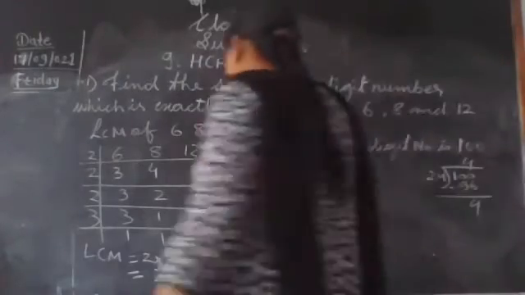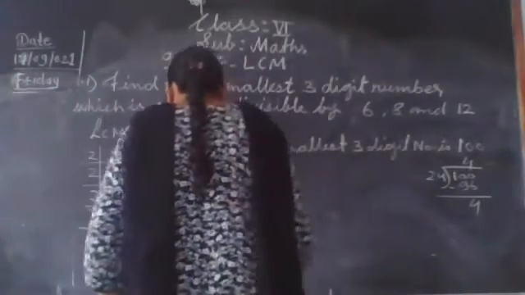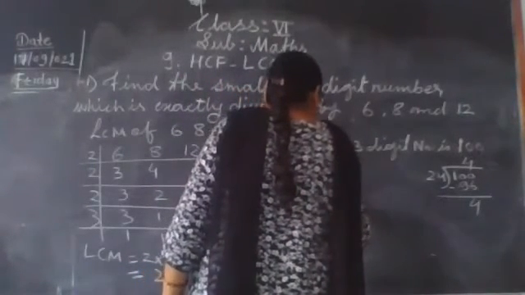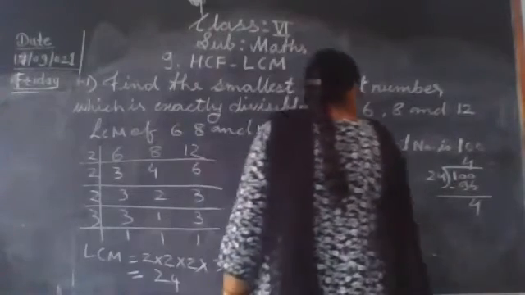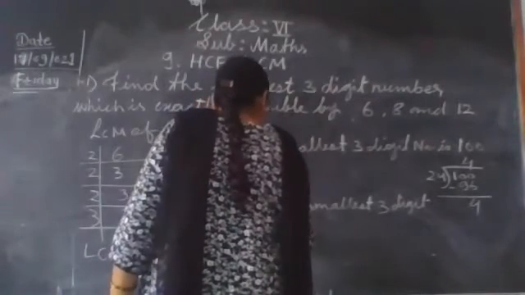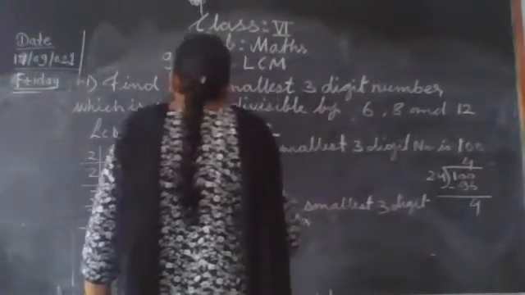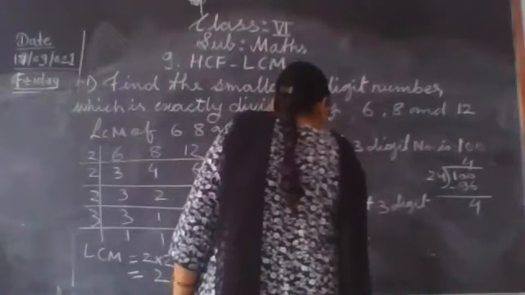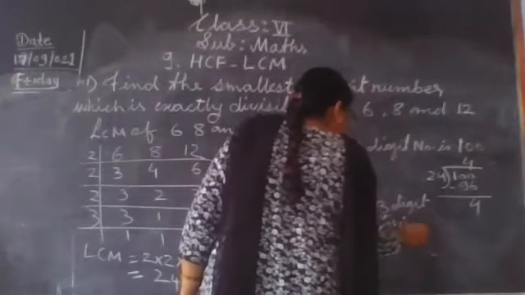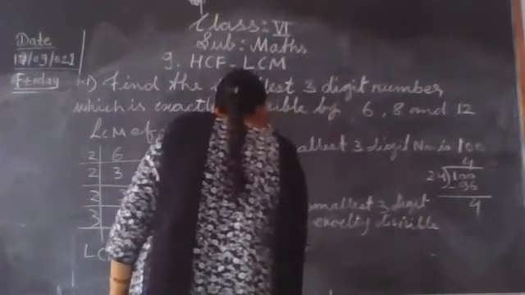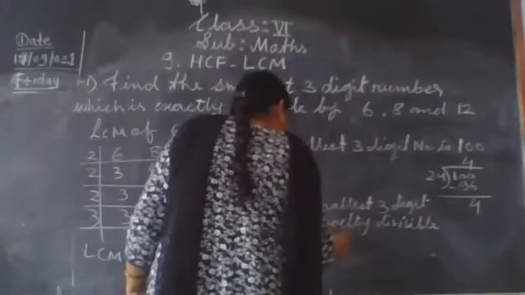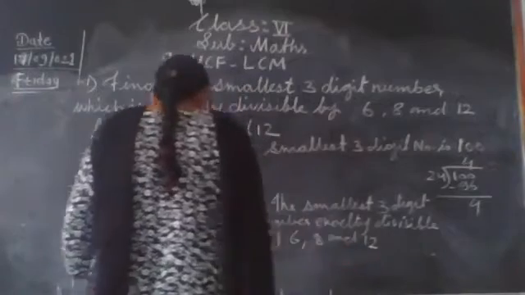The smallest three-digit number exactly divisible by 6, 8 and 12 is what?